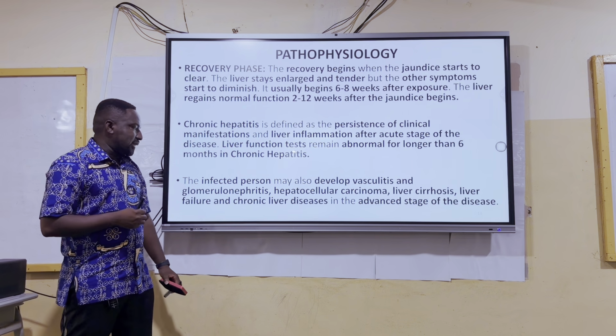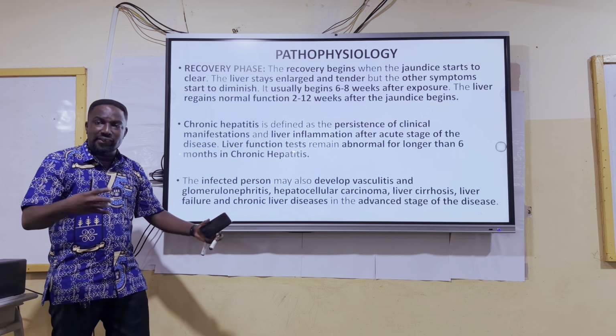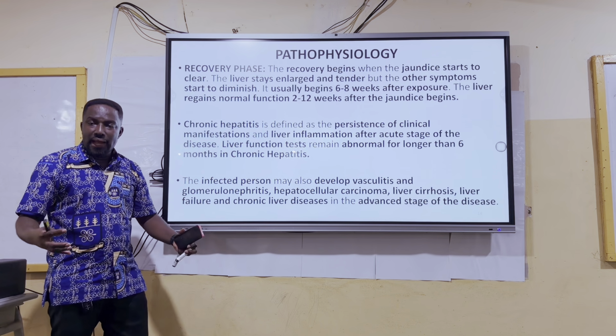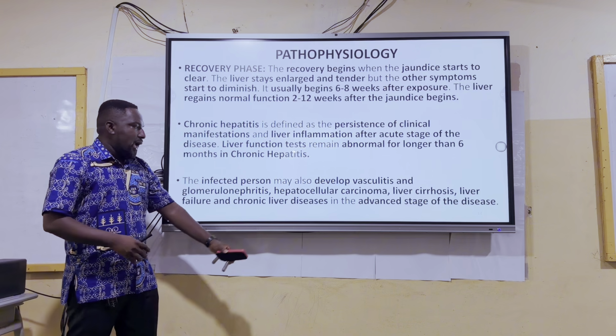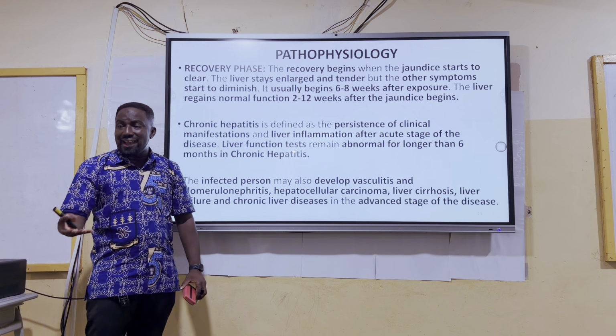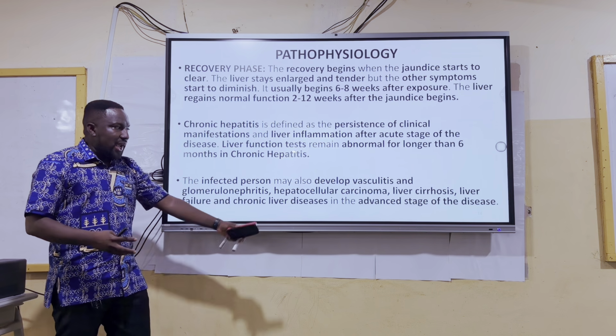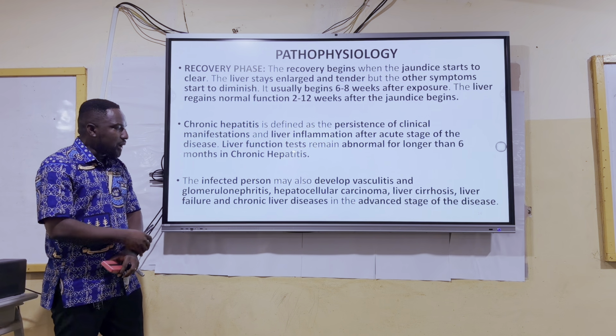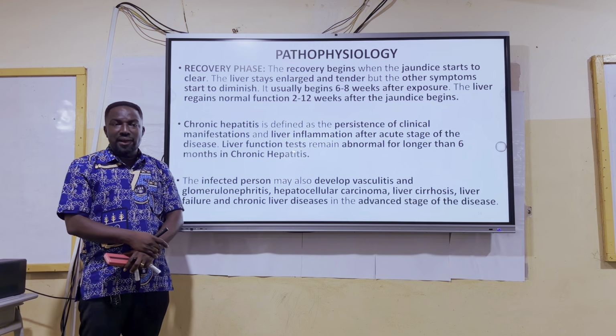The blood vessels. That is vasculitis. So glomerulonephritis, where there's inflammation of the glomerulus within the kidney, and then it can also advance to hepatocellular carcinoma, that is cancer of what? The liver, and then cirrhosis of the liver as well, liver failure, and then chronic liver damage in the advanced stage of the disease.